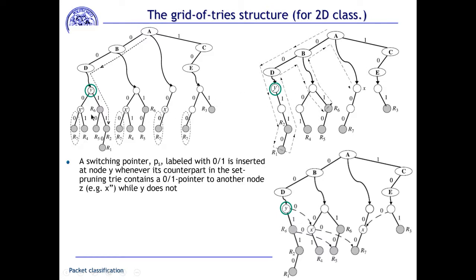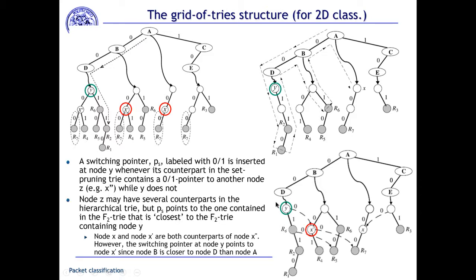So when we have y here in this position of the set pruning tree, you see that from y, in case of 0, we can move to this node, which is x prime prime. So in this case, we will have to move to node x prime. And we have to label this link with 0.